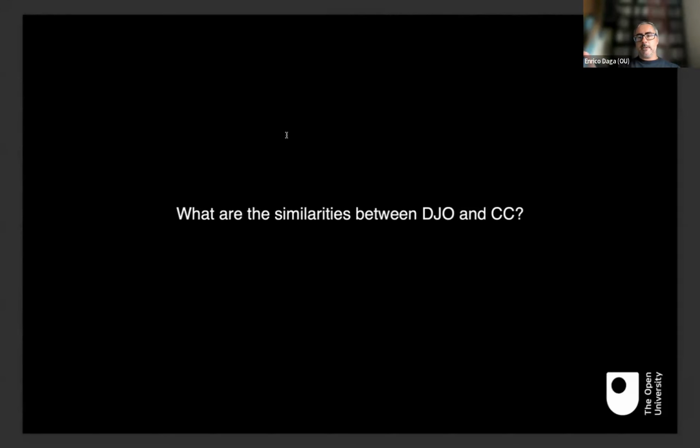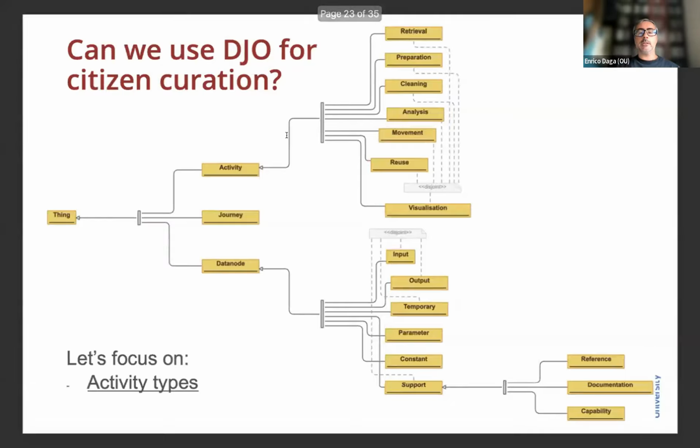So now it raises the question: what does this have to do with citizen curation? First of all, I didn't know how well to answer this question, and hopefully I will partly answer it today. I don't think the answer will be entirely satisfactory, but what I looked into is first the activity types.